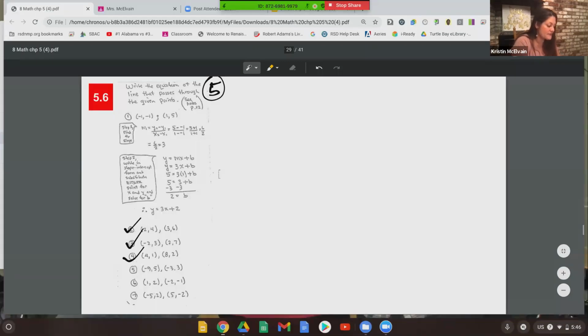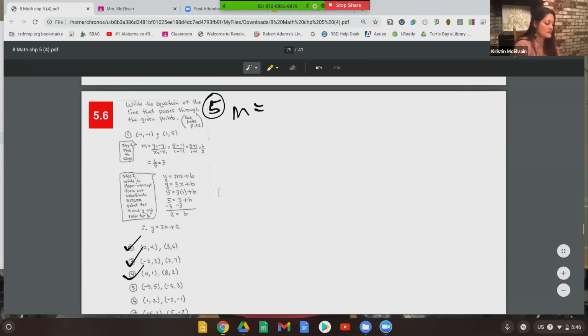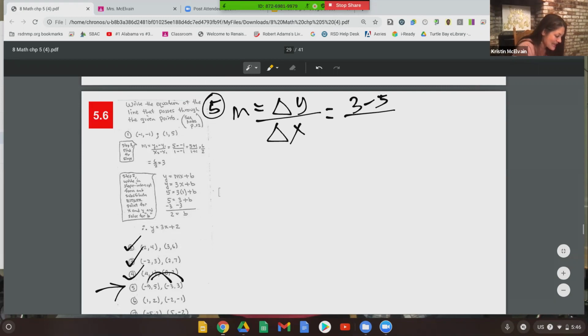Okay, so for number 5, first thing we need to do is find our slope. Reminder, m equals change in y over change in x. So here we go. Gives us 3 minus 5 over -3 minus -9.